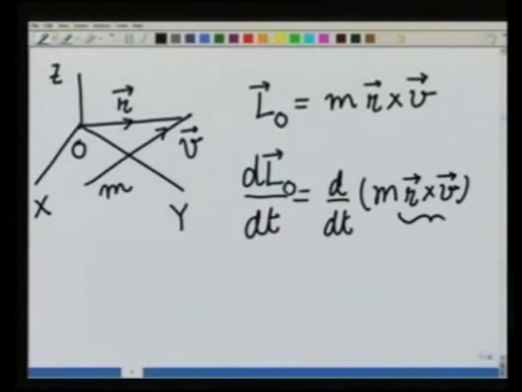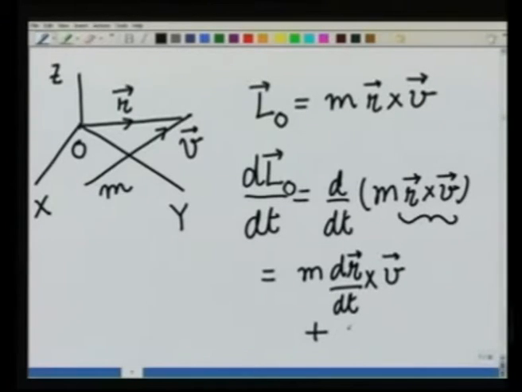For those of you who feel a little uncomfortable, I will leave it as an exercise that you take the components of this cross product vector and do it in terms of components, but I am going to write it directly as m dr/dt, that is I take the derivative of r with respect to time cross v, plus the second term, because I am using the chain rule, m r cross dv/dt.